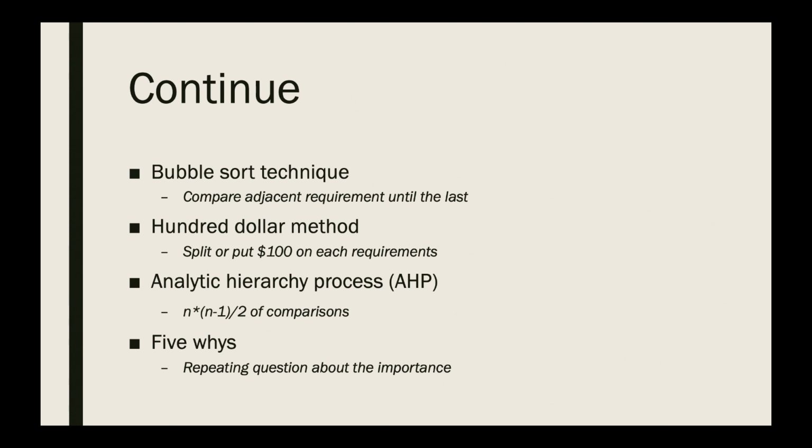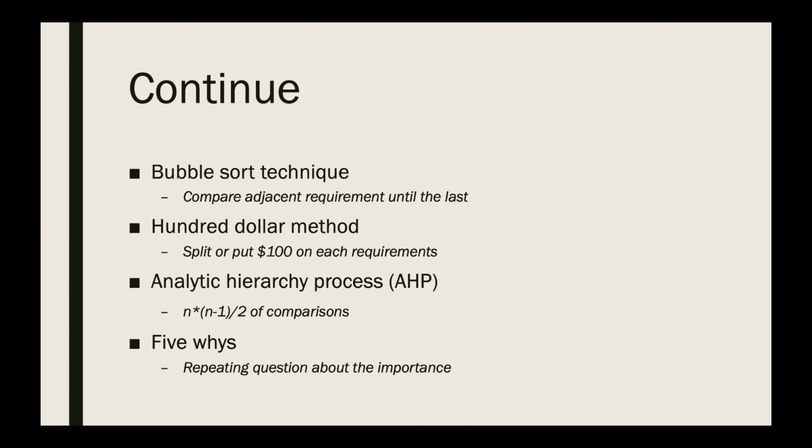And the next method is called the analytic hierarchy process, also called the AHP method. It was developed by Professor Saaty, and it is a set of multi-criteria decision analysis methods for solving complex decision-making problems. It's used to create a framework for a large scale of requirements.